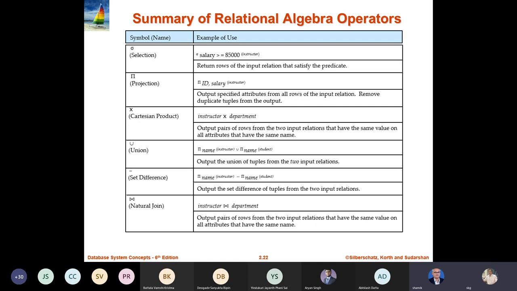You cannot write a single standard SQL query for those, which we will see later on.